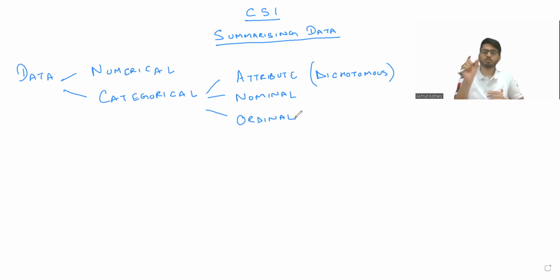Another example, instead of 1 to 10: let's say you went to a particular restaurant and post your lunch or dinner, you had to fill up a feedback form wherein they asked your overall experience, and you had five categories. Very poor, poor, average, good, very good. Now, this will have a particular structure to it.